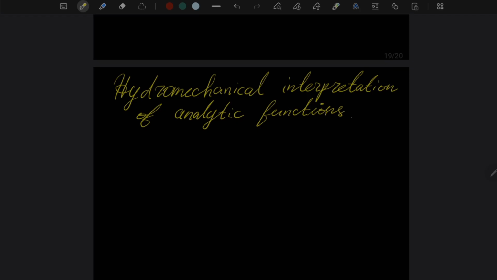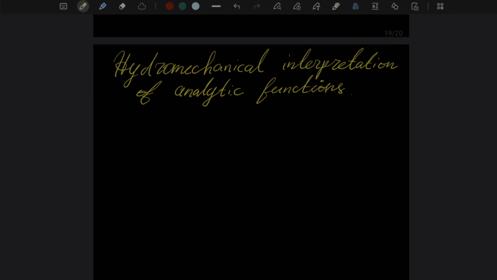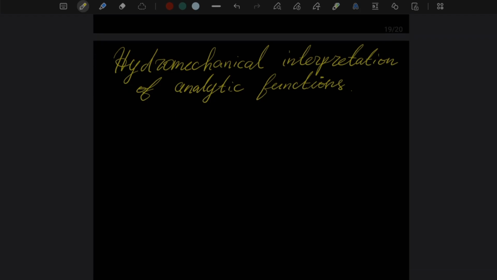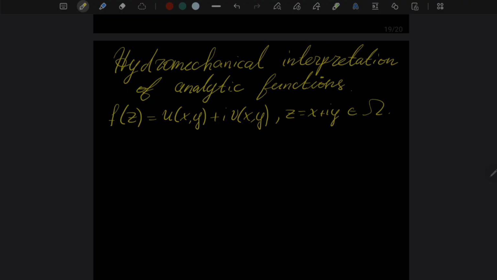Okay, so the next topic is the hydromechanical interpretation of analytic functions. And let us have an analytic function. Let me describe it. It is f of z, of course. u and v are continuously twice differentiable in omega, and f is analytic in omega.